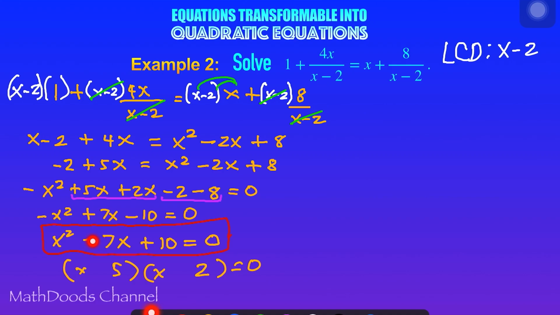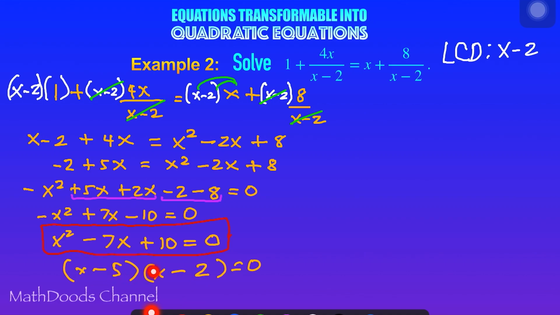Since this is negative 7, no? And 10 is positive, parehong negative yung 5 and 2. Ayan, negative yung 5, negative yung 2. Kasi pag chinek natin yan, negative 5 times negative 2, positive 10. Tapos, outer terms, x times negative 2, negative 2x.